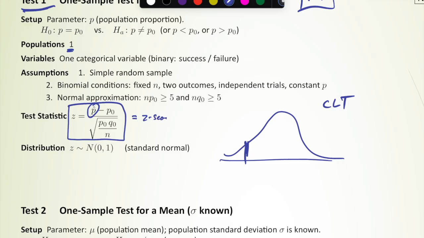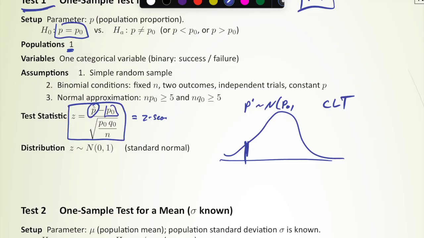Notice that p hat, or rather p prime as they like to put it in the book, by the central limit theorem, is normally distributed with the mean being the population assumption. See, p equals p naught. That p is the true mean of the population, and by central limit theorem, that's the true mean of the sample statistic. And then what's the standard deviation?